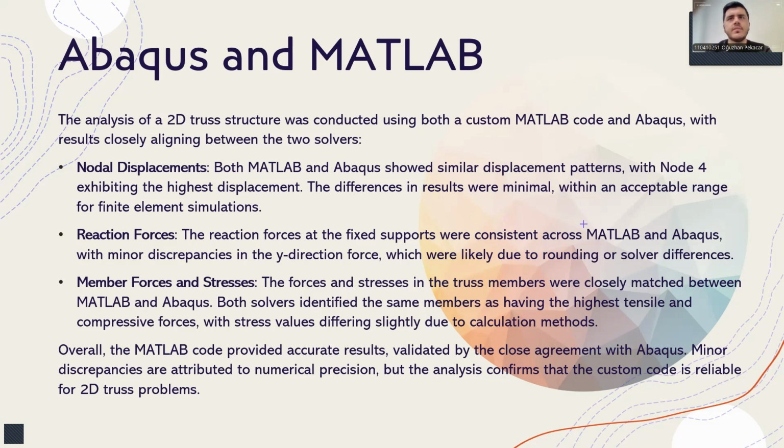Differences were minimal and within acceptable limits. Reaction forces at fixed supports were consistent, with minor differences attributed to rounding or solver differences. Member forces and stresses: both solvers identified the same members under maximum tension and compression, with small variation due to calculation methods.